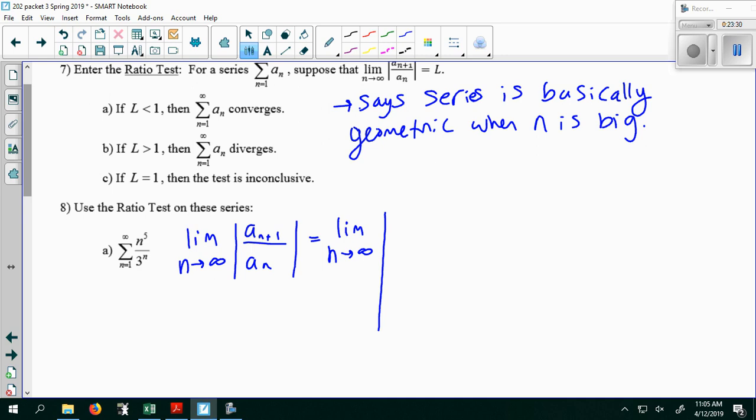Okay, so the n plus first term means replace your n's with n plus 1's. So this is going to be n plus 1 to the fifth over 3 to the n plus 1. That's a sub n plus 1. And a sub n is just the term that was written in the series. So n to the fifth over 3 to the n.